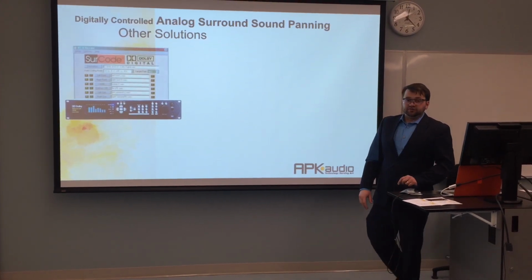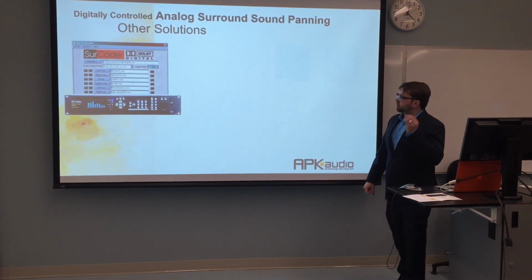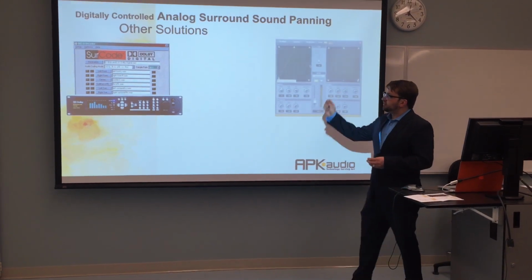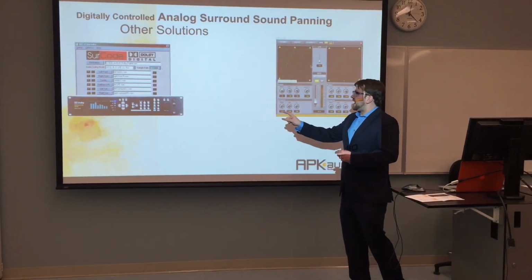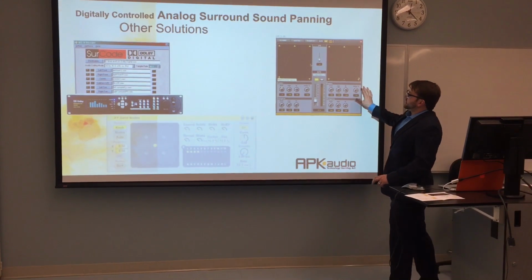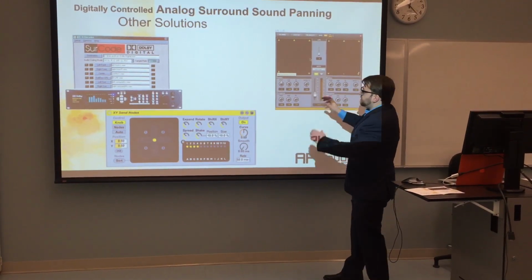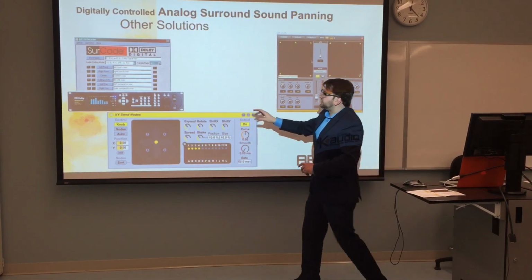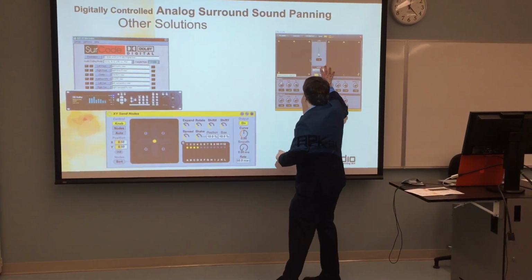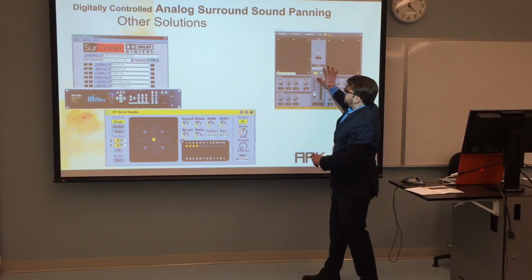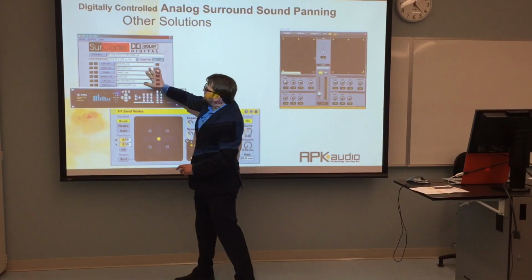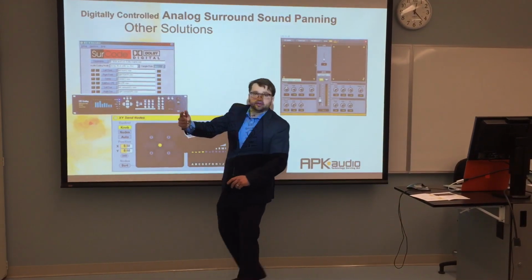Dolby is the leader in all of this stuff. Dolby is the proprietary information holder of encoding and decoding. So what happens is software panners like this: you have your speakers, your positioning, and your divergence all done in software that sends discrete tracks to an encoder that gives you Dolby.